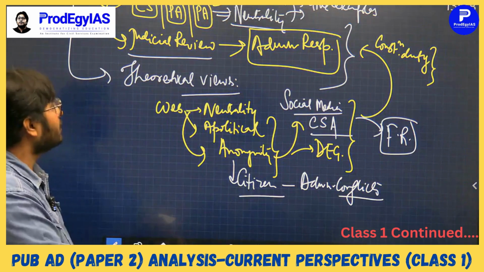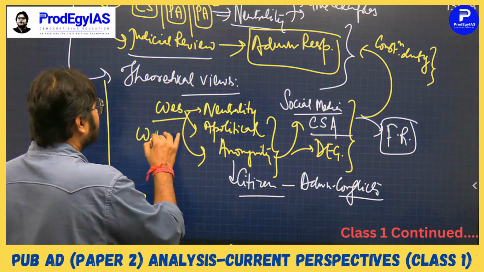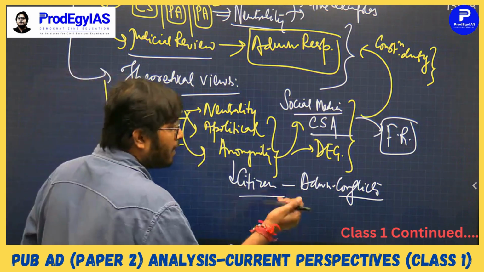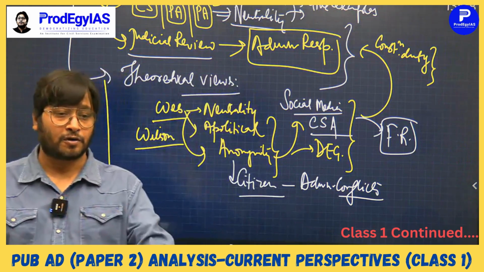Fine. So see this. So they can use Weber, they can use Wilson. Fine. They can use many other scholars. They can talk about Follett. Is Follett's idea of integration applicable to citizen administration conflict, right?